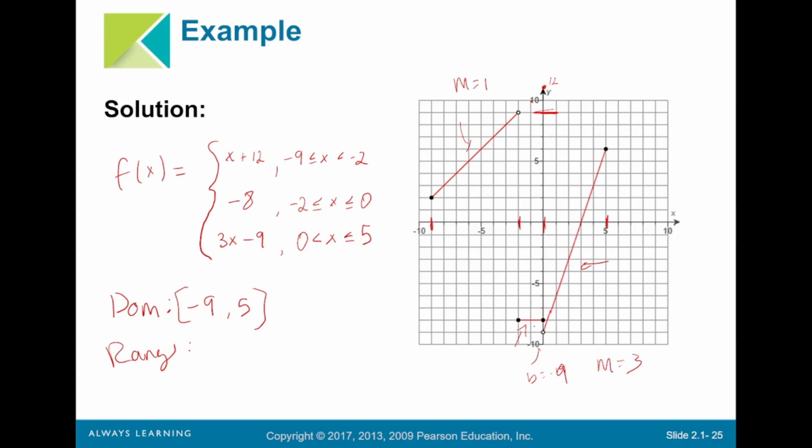And everything is hit at least once down to -9. So we are actually covered from -9 to 9. Neither one ends on a closed dot, which means that we use parentheses here. And that's it for this example, our domain and range.